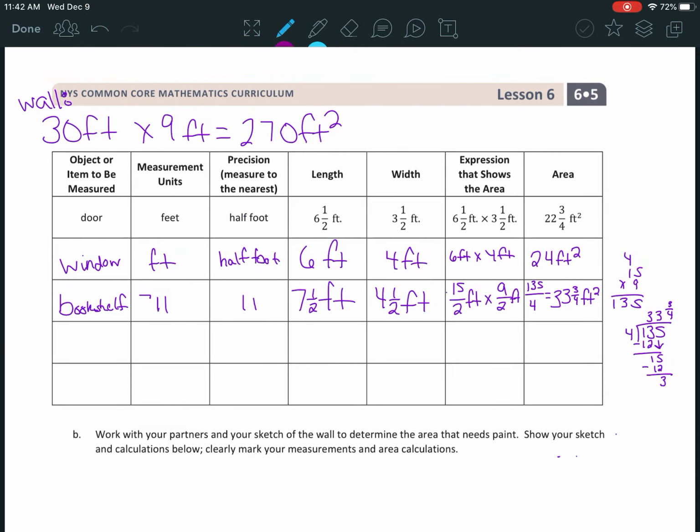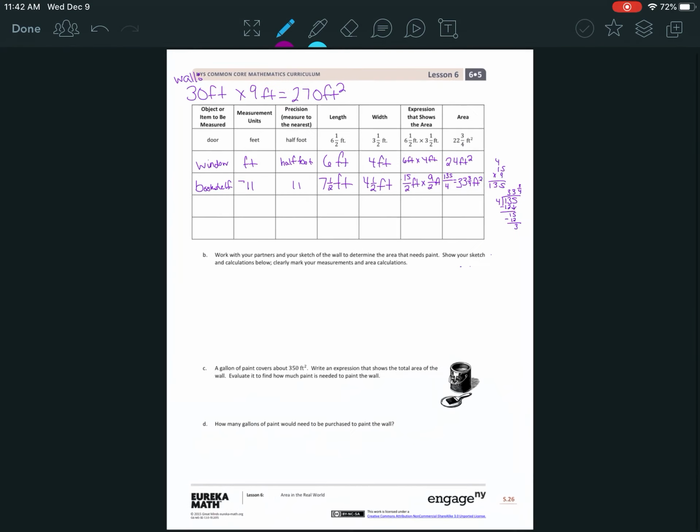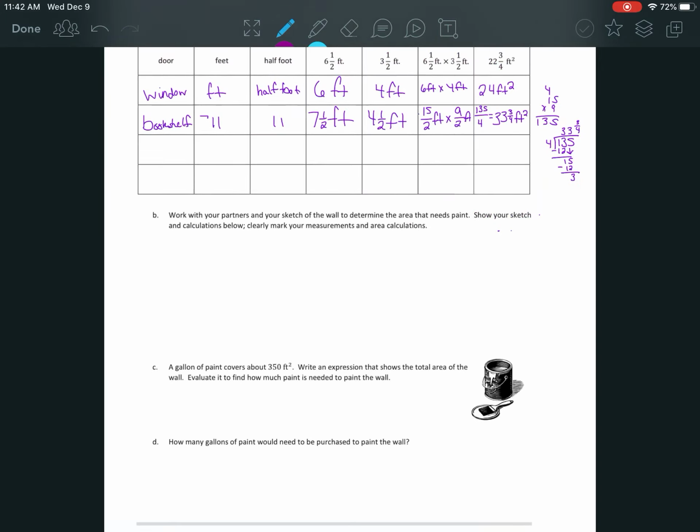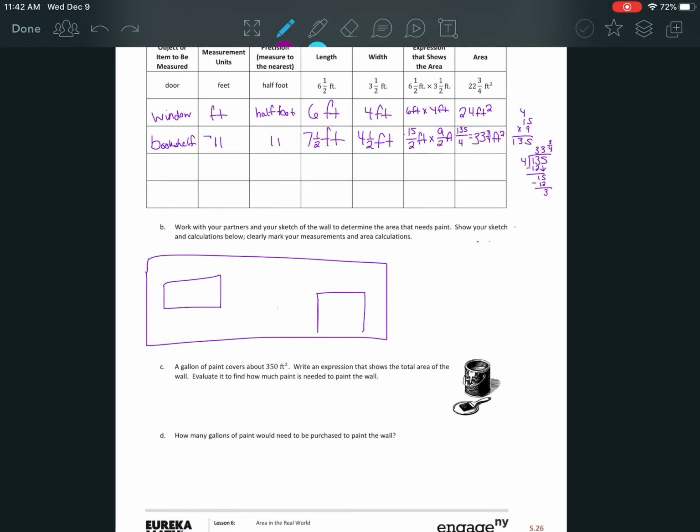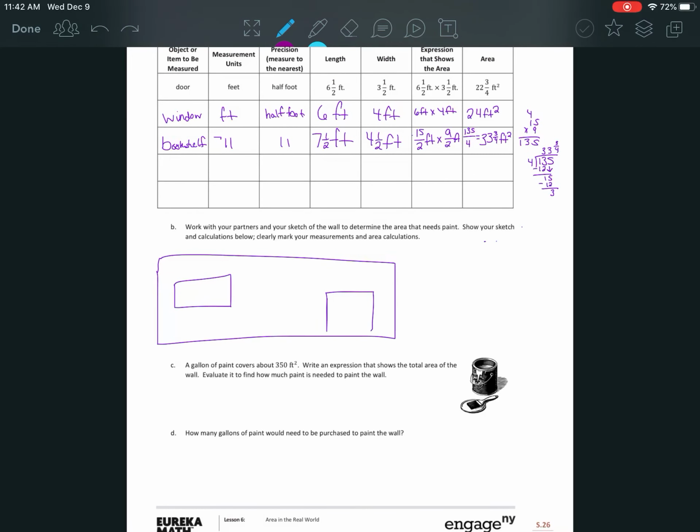Okay. So our entire wall is this. If those are the only 2 areas that I would not paint, then I would be done. So if I'm going to sketch this, here's my window, here's my bookshelf. I have some other stuff here in the middle, but those can come off, or I could paint around them. But just for this video, we're going to pretend that they're going to come off.